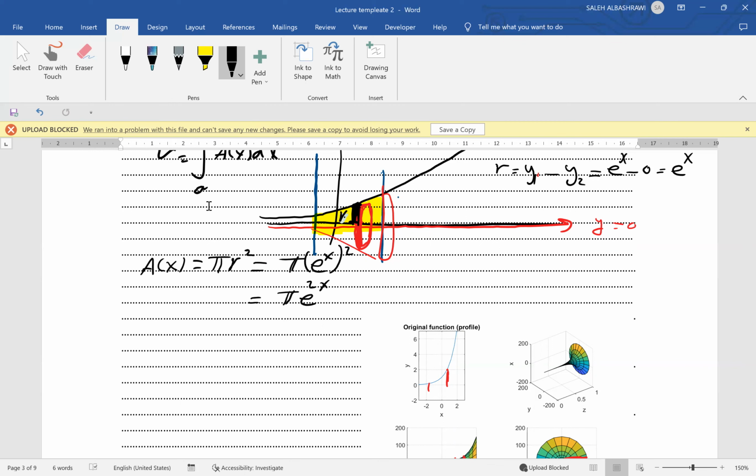Now to find the volume of this solid, we are just integrating the cross-sectional area over the given interval -1 to 1. So the volume is the integral from -1 to 1 of A(x) dx, which is equal to the integral from -1 to 1 of pi e to power 2x dx.